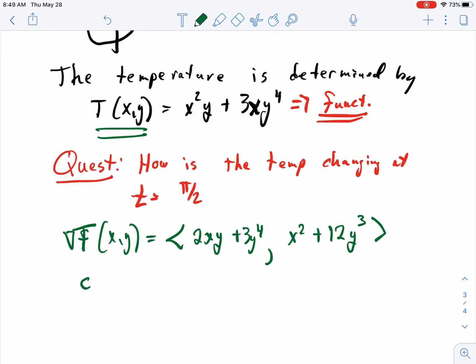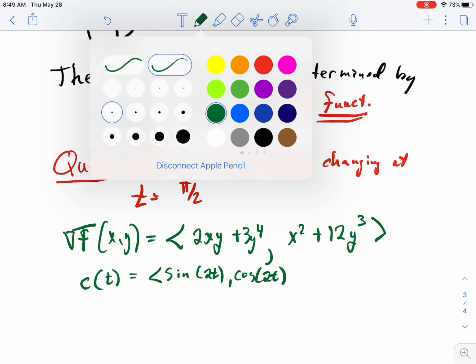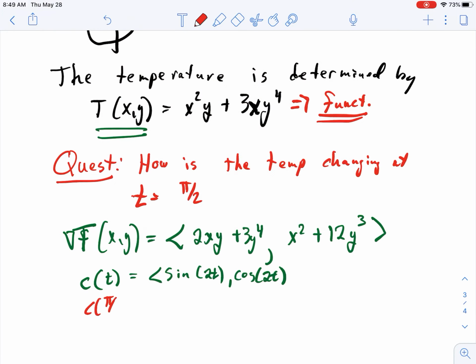Now, finding values for x and y. So this is where we have to come back. Let's take a look at my c of t here. I have sine of 2t, cosine of 2t. So if I plug in c of pi over 2, I would have a value of, what is that? 0 and -1.